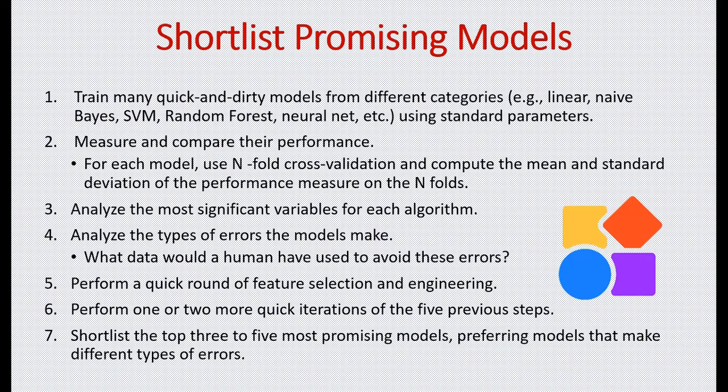So you could perform a quick form of feature selection and engineering on it. You could perform one or more quick iterations, and at least just select the models that you feel perform best, which could be a single model, two or three models from the series of models that you selected.